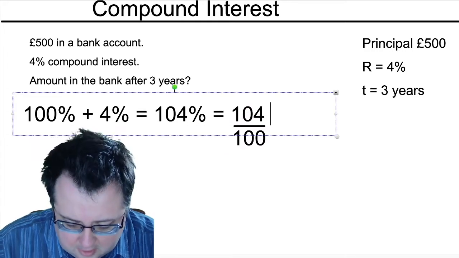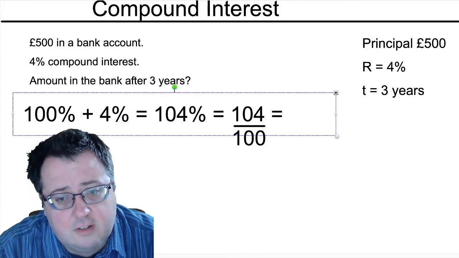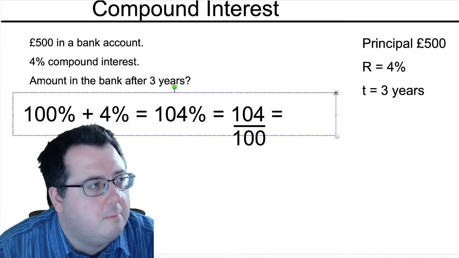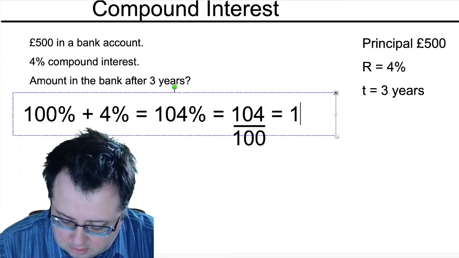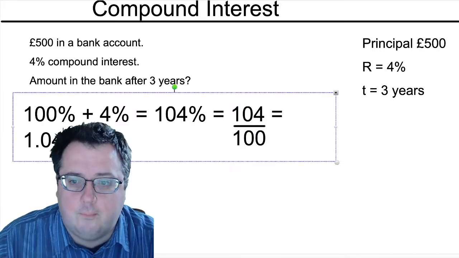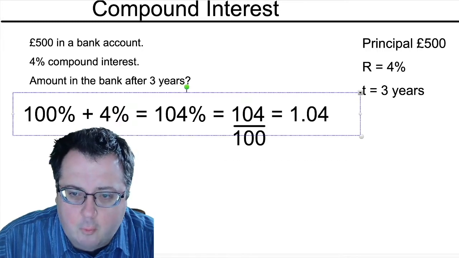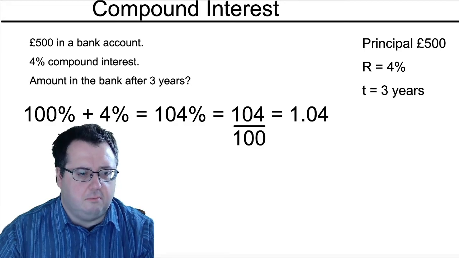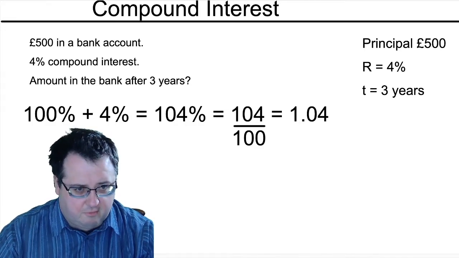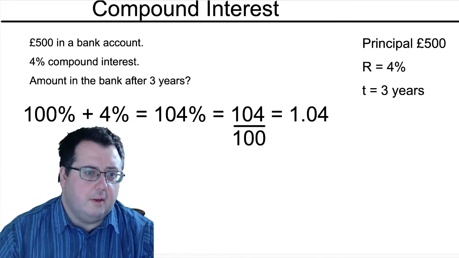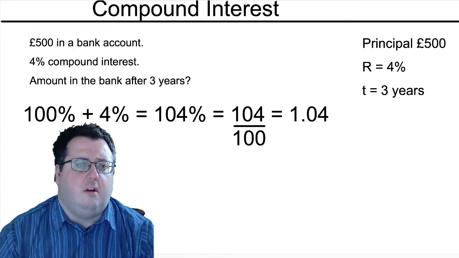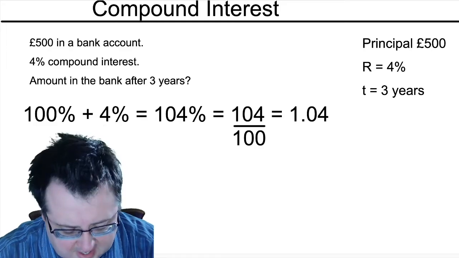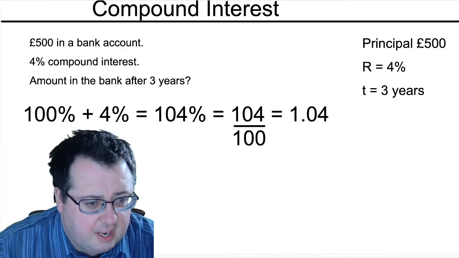And then if we put an equal sign here, when I divide something by 100, I'm shifting the decimal point to the left 2 places, which will give me 1.04. Now that 1.04 is really important because it allows us to figure out the amount that's going to get added each year. And you'll see how this works.